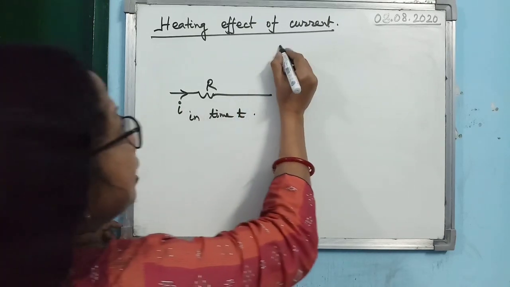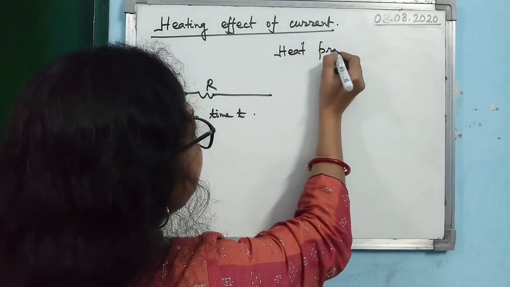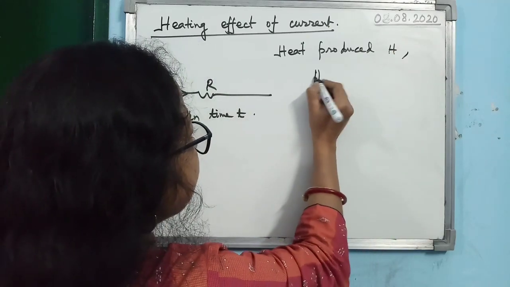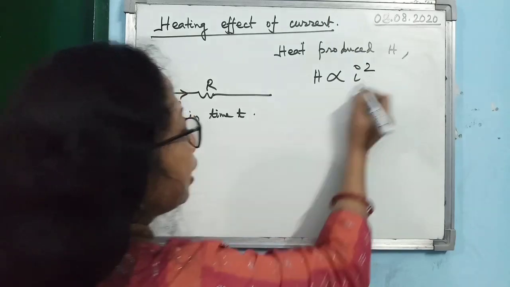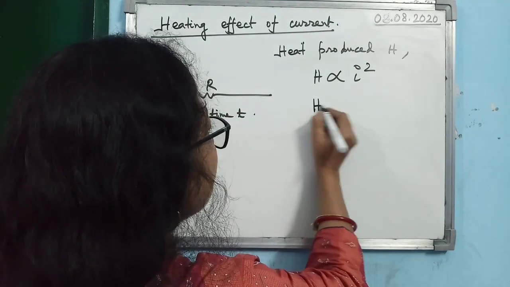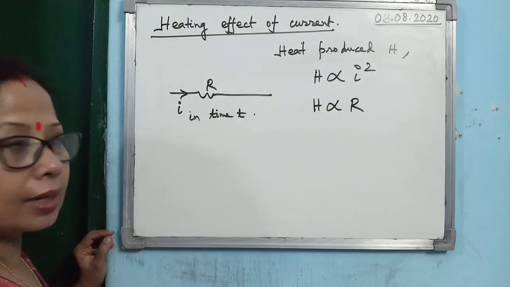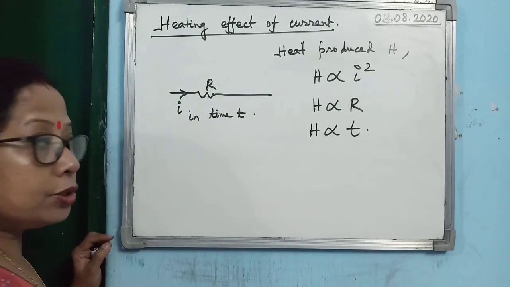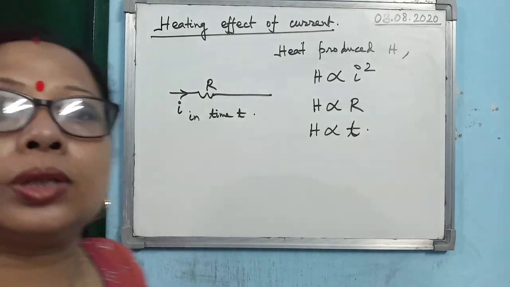Then the heat produced H is directly proportional to the square of the current passing through the conductor, directly proportional to the resistance of the conductor, and directly proportional to the time during which the current is passing through the conductor.